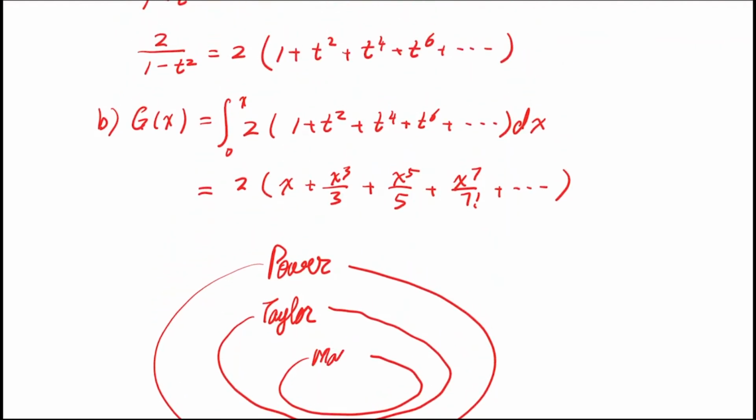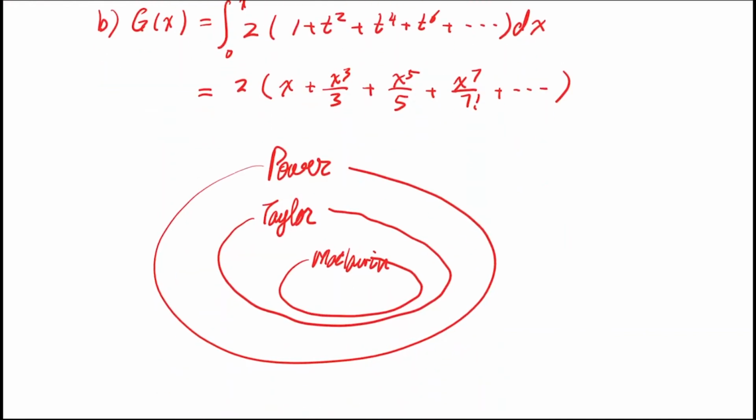Maclaurin series. Like that, right? It just means centered at 0. Because Taylor series can be centered anywhere, but the most useful one is centered at 0, and we started with that. And the mathematician named Maclaurin specialized in that type of series.